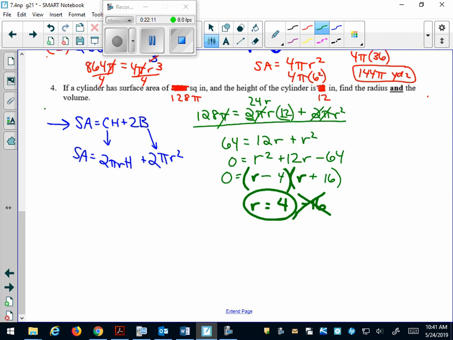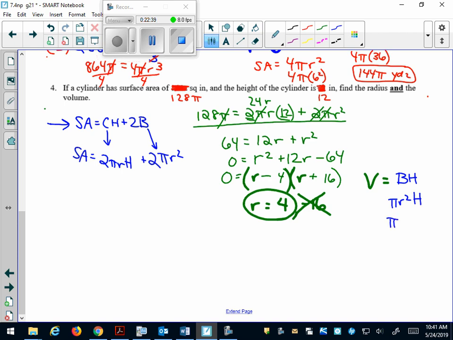So then it says find the volume. So you would just plug that 4 in and find the volume. Volume is 4 pi. Sorry, this is not a sphere. Volume is BH. Area of the base is pi r squared h.